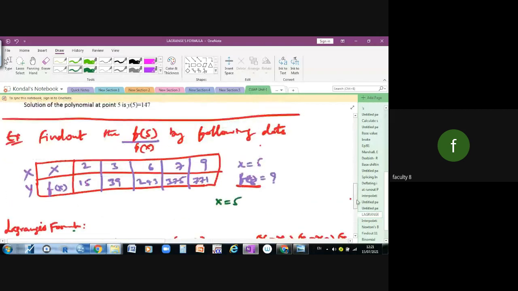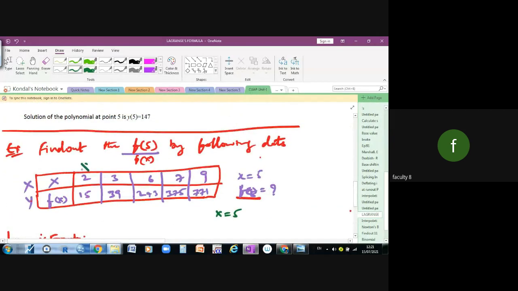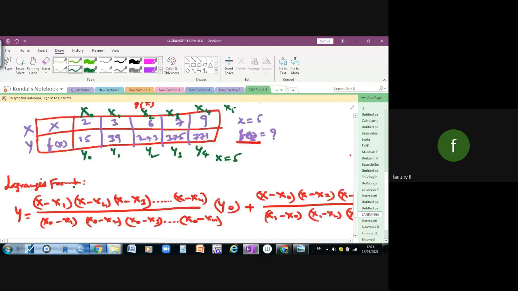So here you need to identify these are x0, x1, x2, x3, x4. So we need to find out the x5 value, and here y0, y1, y2, y3, y4. Simple, you can substitute in the formula.